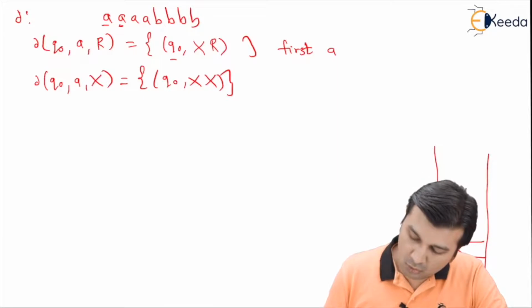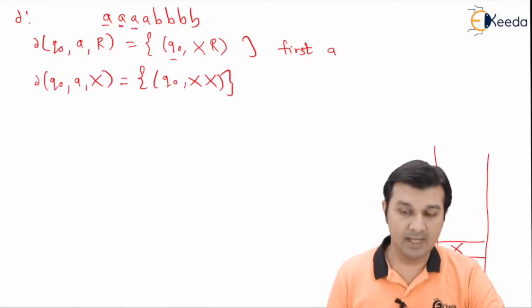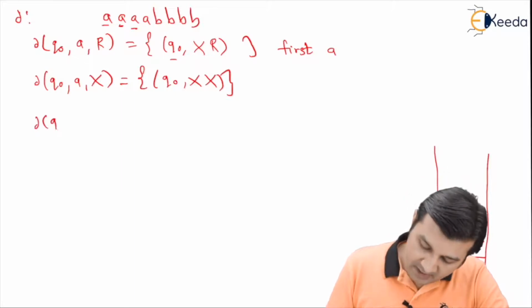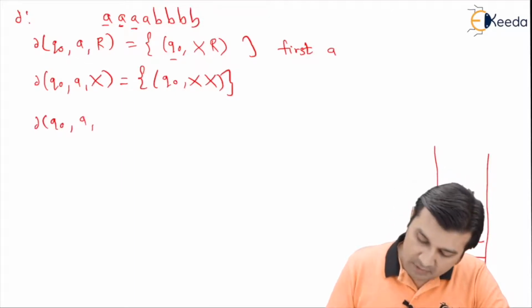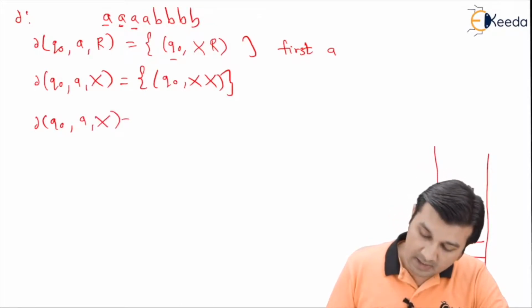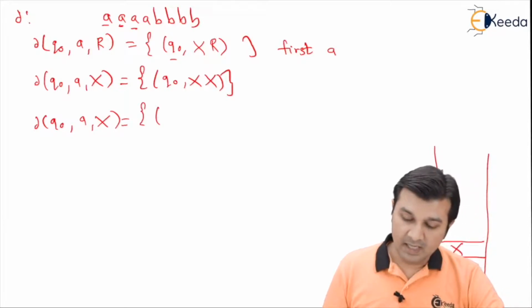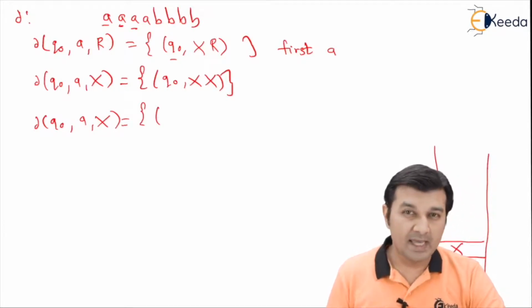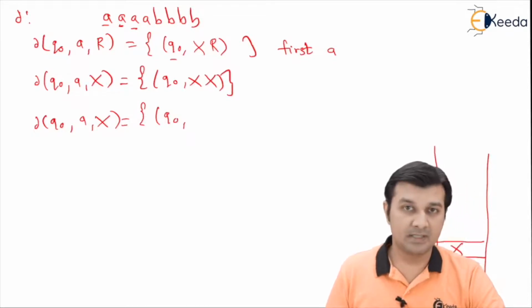Fine. So with this I now come across another input symbol A. So in which state am I currently? I am in state Q0. Which symbol did I receive? I receive my third A. What is the current top of the stack? It is still X. If you remember, my friends, if input symbol is A, I say since it is a push operation, do not change the state.